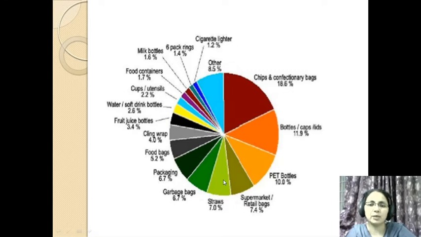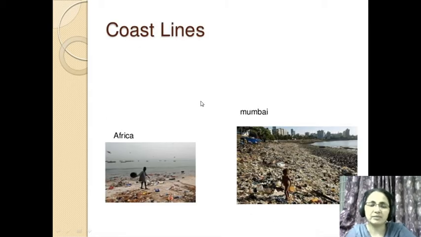This is the overall pictorial diagram of how the different materials account for plastic.